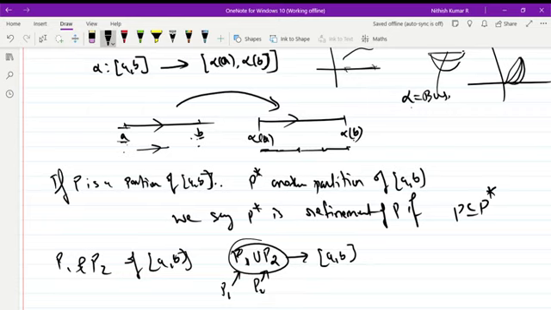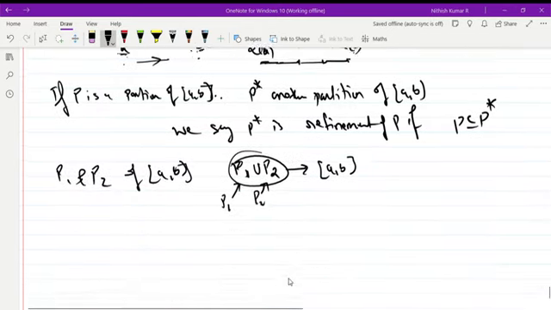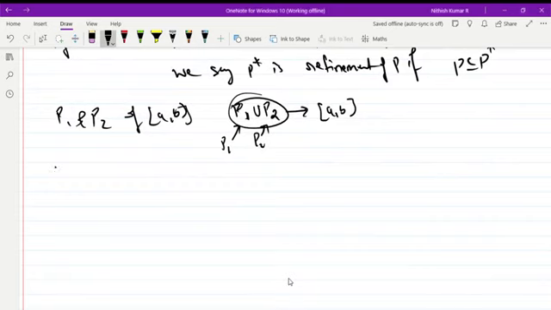Okay, so let's see one result. Theorem: let f be a bounded real valued function defined on closed interval a comma b.